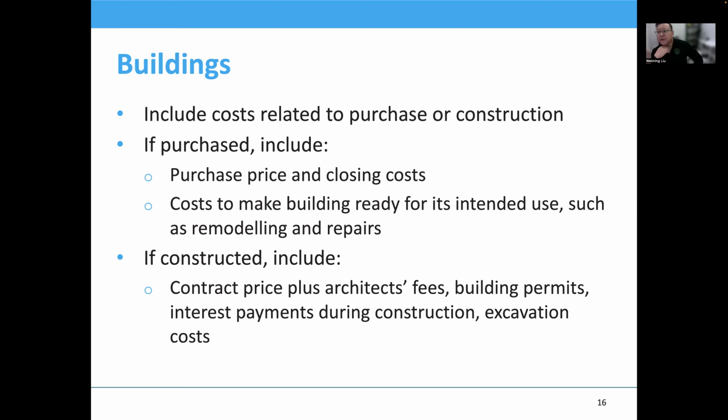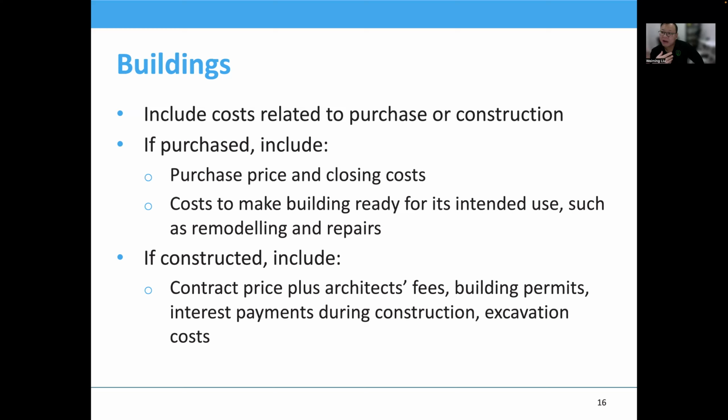Let's say you construct your own building. Basically, you are going to get a bid. There are different constructors, so you need to get a bid from them. They will give you a contract price, how much money they're gonna charge you.